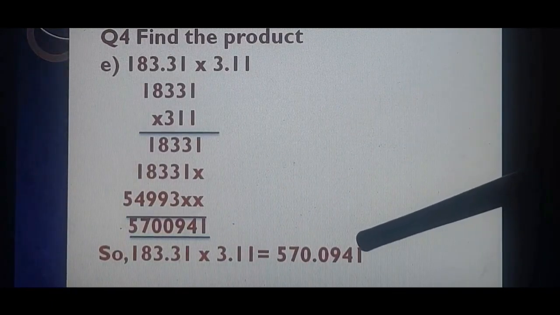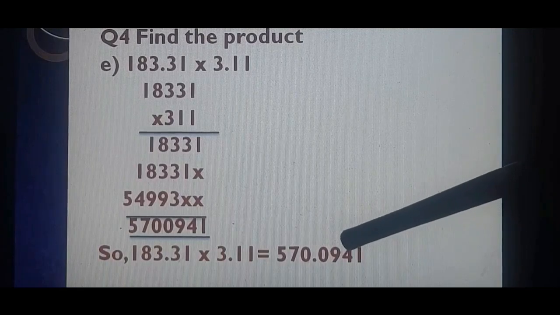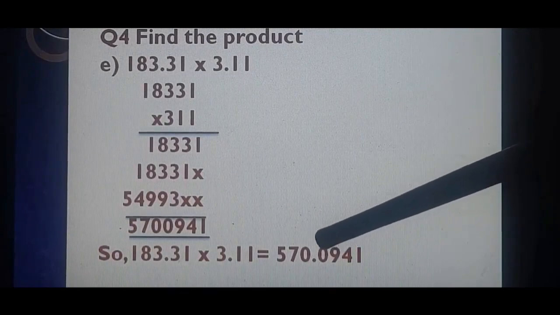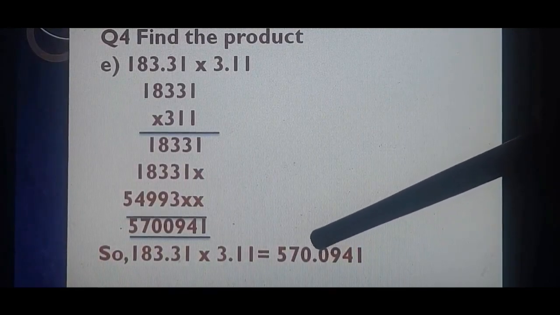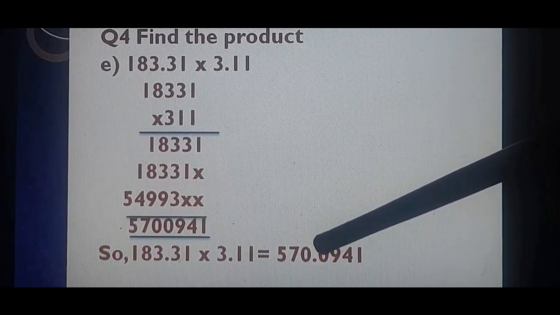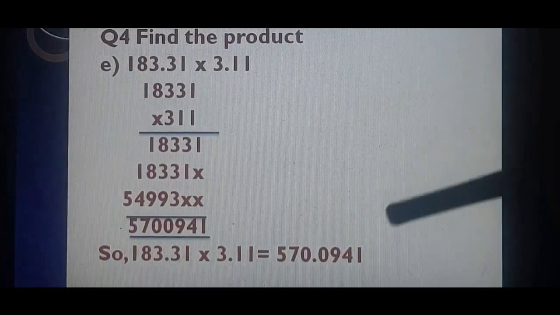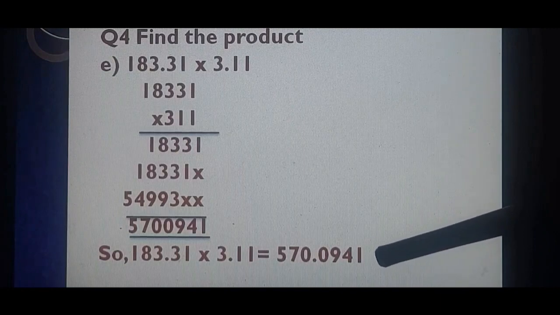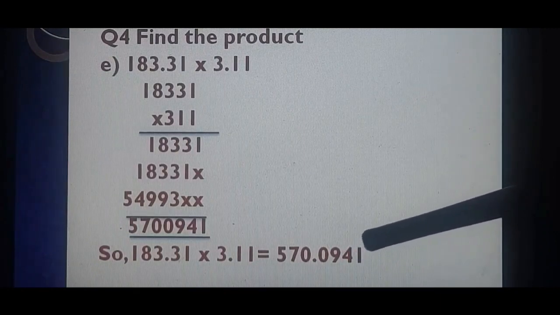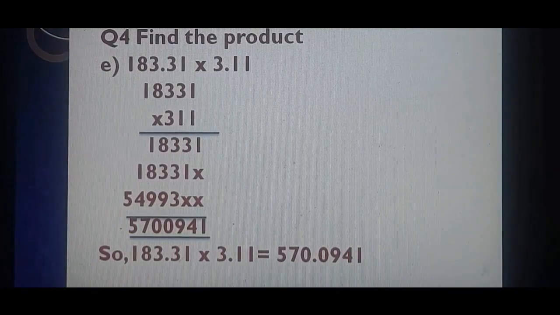Now start counting from here, from ones place in our product. Ones, tens, hundreds, thousands. Okay, 4 places. Now put decimal here. So our answer has become 57.0941. Write the decimal, put the decimal mark carefully.